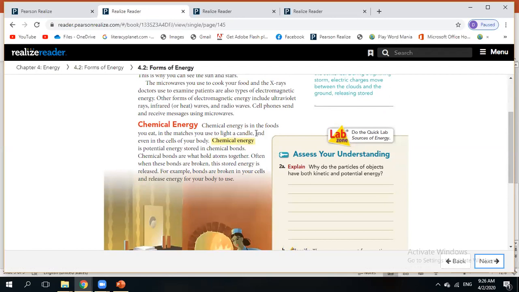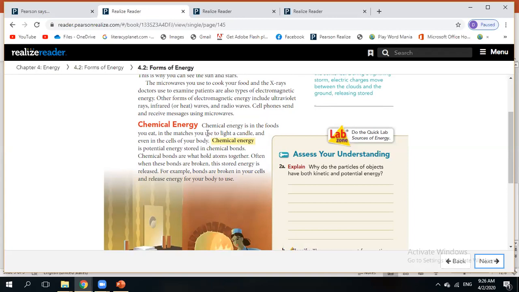Like what is considered chemical energy? The food that we eat has chemical energy because it has chemical bonds inside its particles. These chemical bonds can store energy in the form of chemical energy. After that, when I eat it, it can be changed to kinetic energy so I can move.